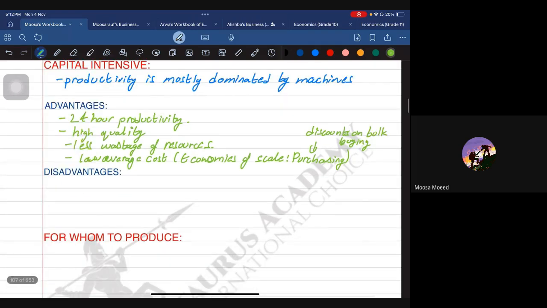Okay. Drawbacks. High initial cost of investing in the machinery. So I'm talking about the investment in machinery.